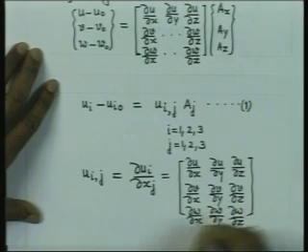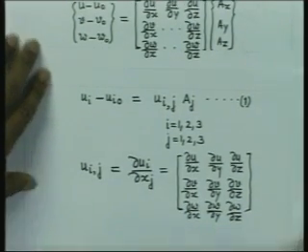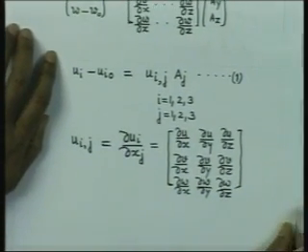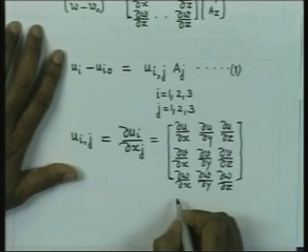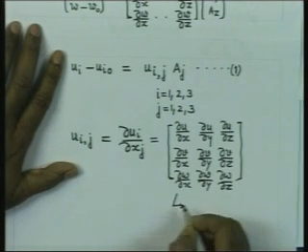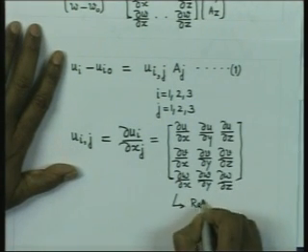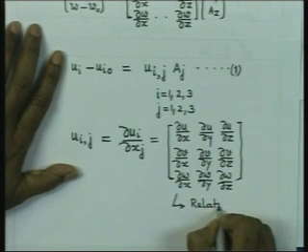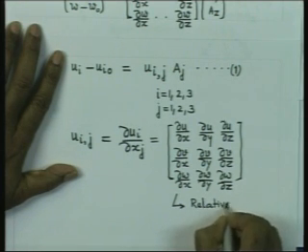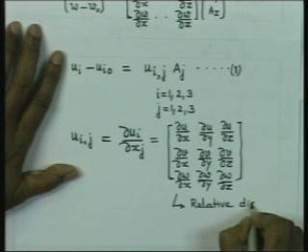So, this consists of all the 9 derivatives, and this is known as the relative displacement tensor.